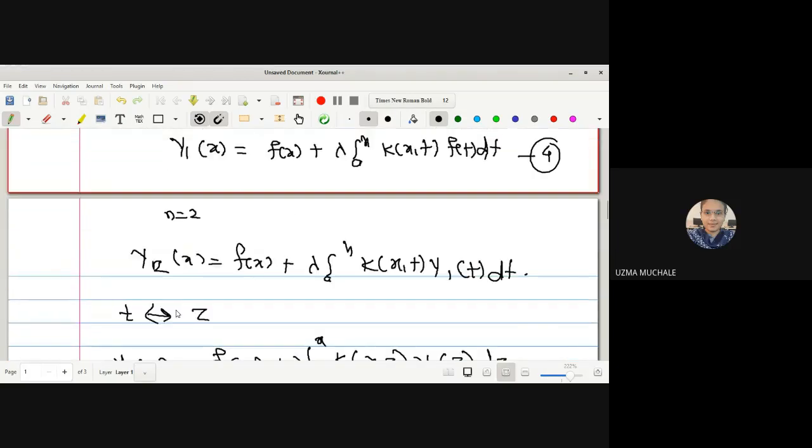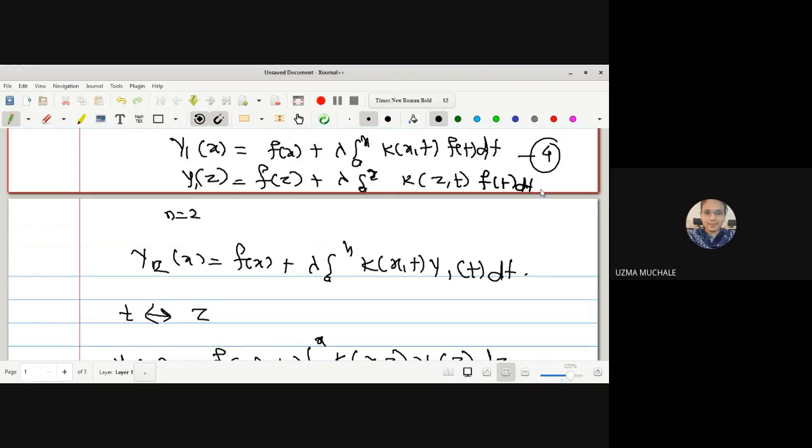So now from equation 4, let us have this equation 4. What is our equation 4? Now if I put y1 of z, what will happen for this equation? If I write this equation in terms of z, y1 of z is equal to f of z plus lambda integration a to z k of z t f of t dt.